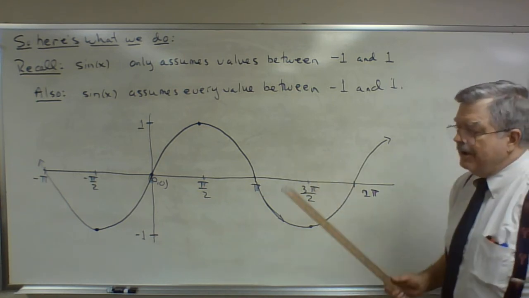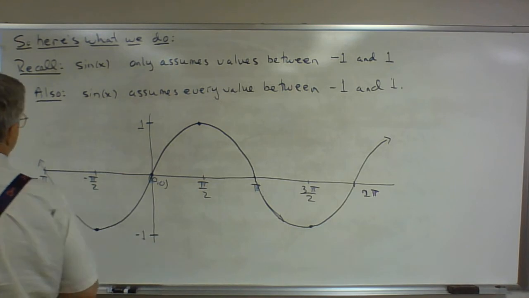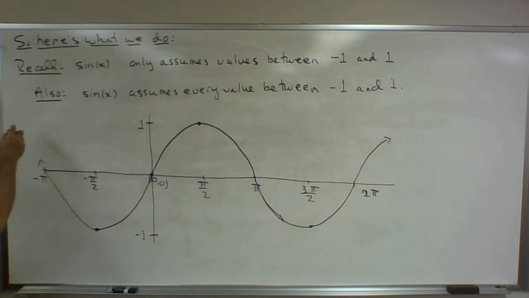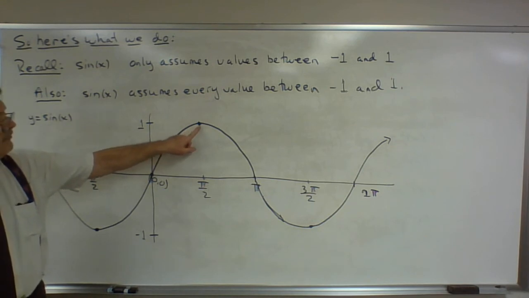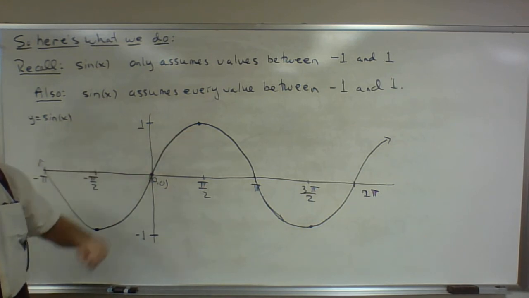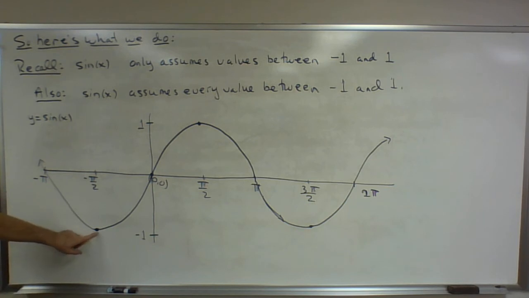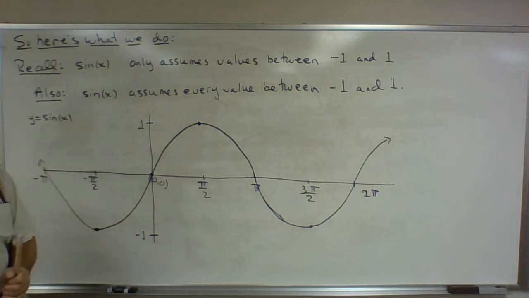So we take a look at the graph of y equals sine of x. And we notice that from this point on the graph, where sine of x is -1, to this point on the graph, where sine of x is +1, the sine function assumes every value from -1 to +1.